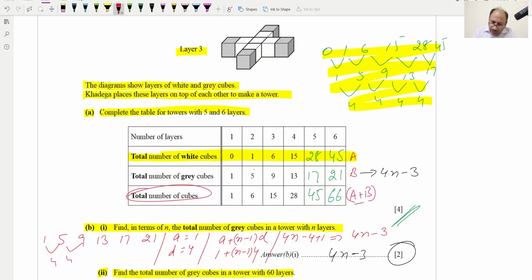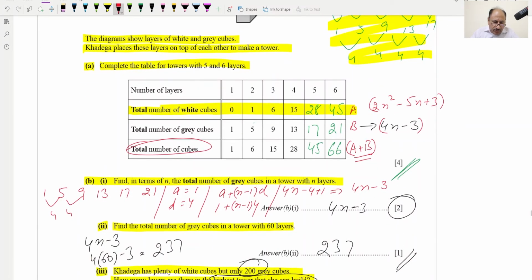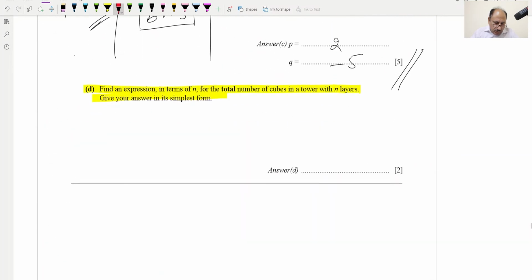For a we got the formula, which is 2n square minus 5n plus 3. So these are two formulas for a and b, and these two formulas we will add to get the third one.